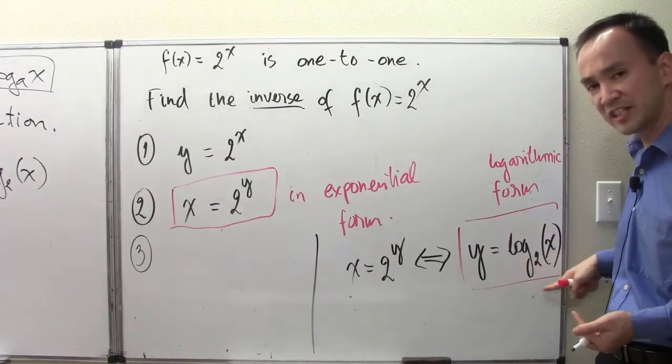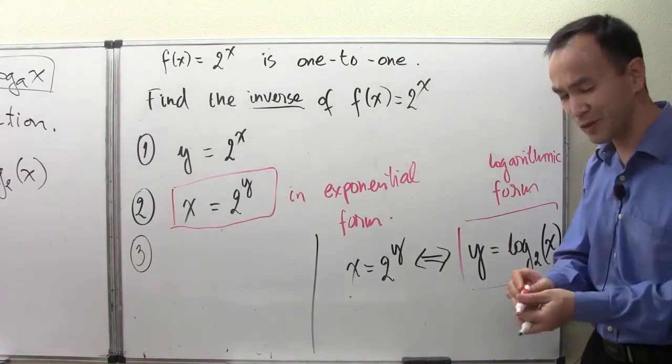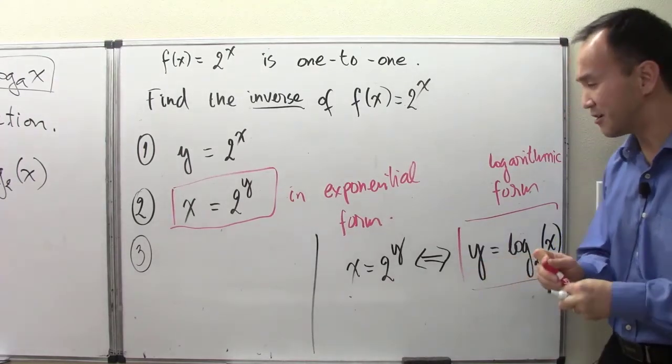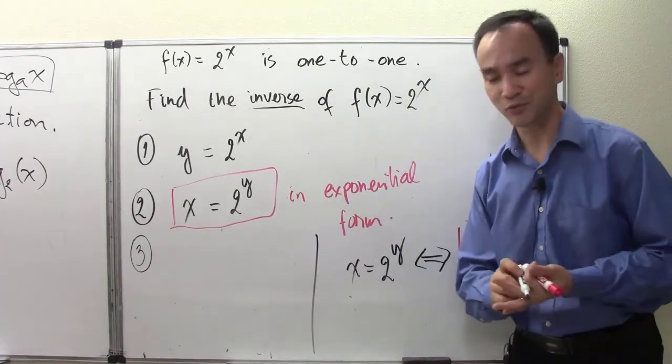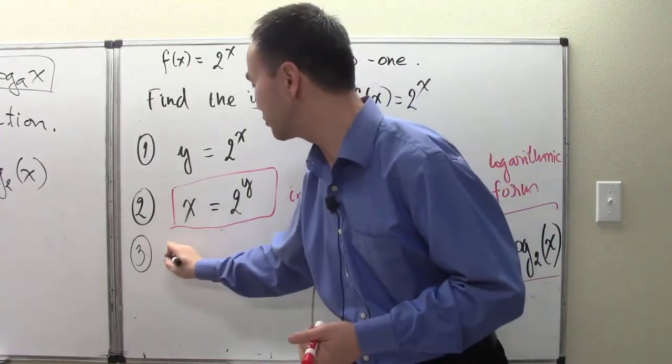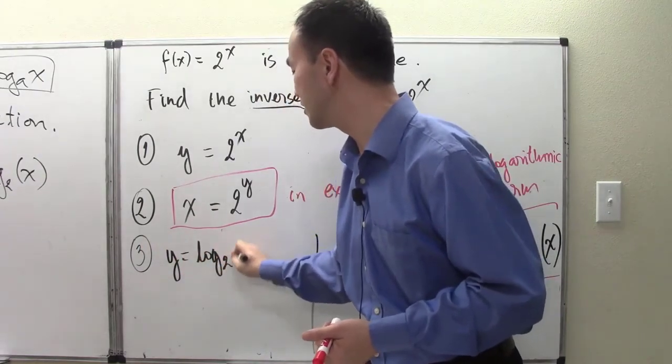That expression says we take the log base 2 of x. So all of a sudden we realize we have just now solved for y to satisfy our step 3. So step 3, solving for y, we're looking at y equals log base 2 of x.